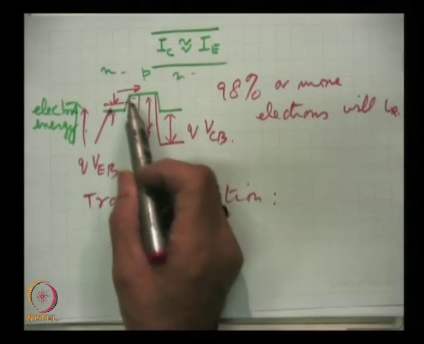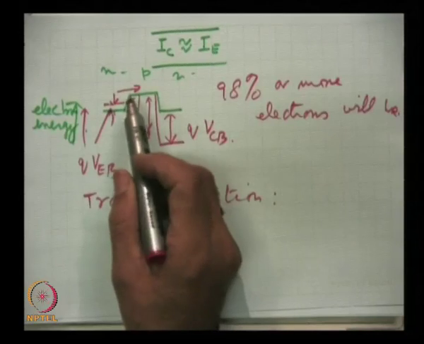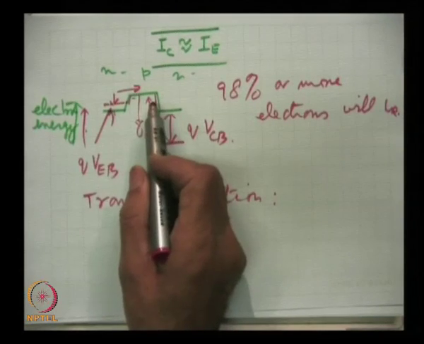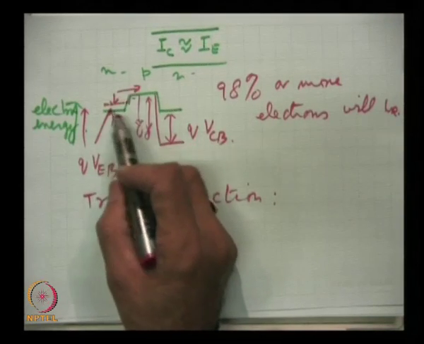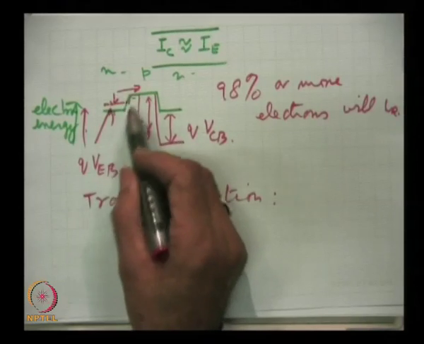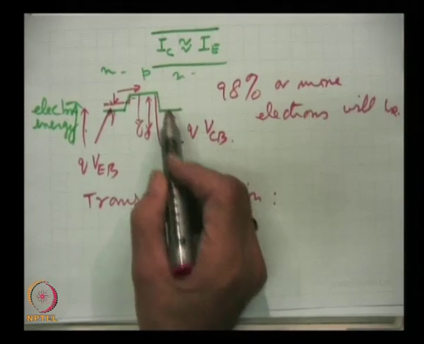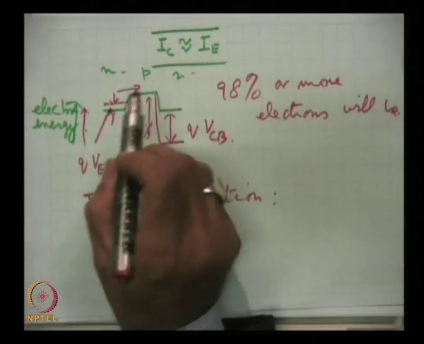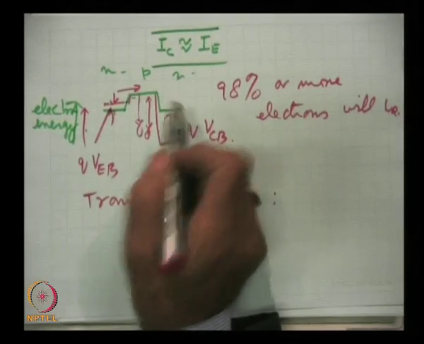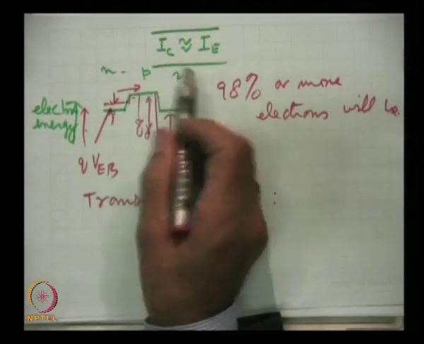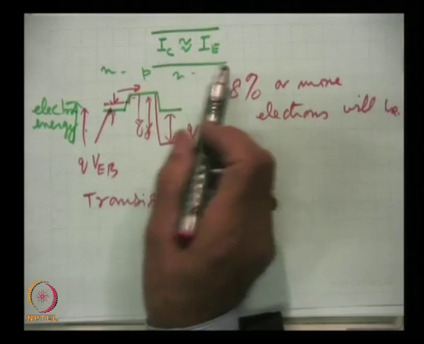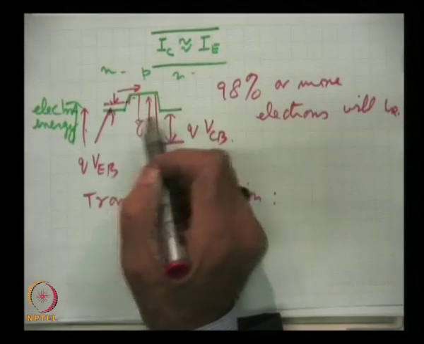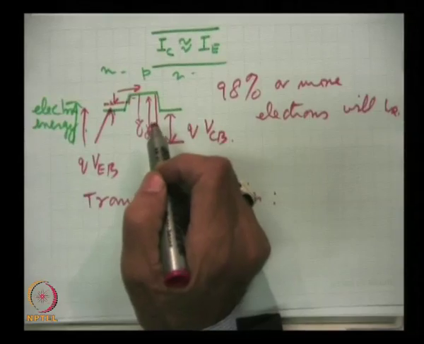So, we have transferred almost the same amount of current from a low resistance circuit to a high resistance circuit. This is known as transistor action, and this is responsible for all the voltage gain, and we will see how we get current gain also from here.